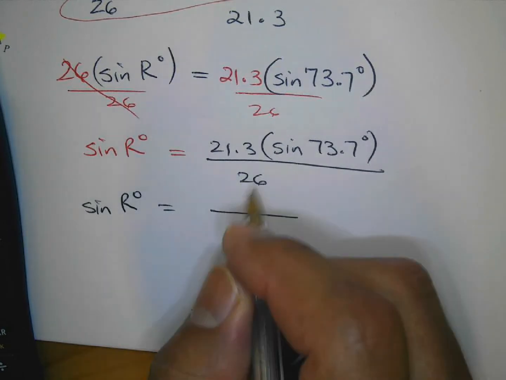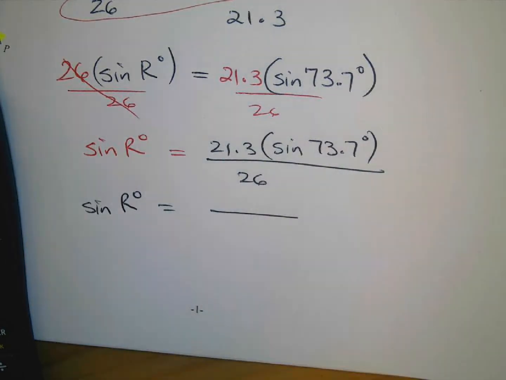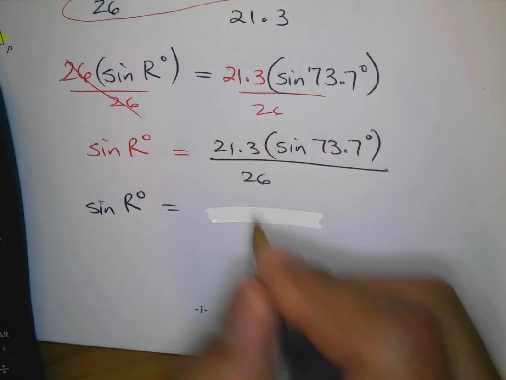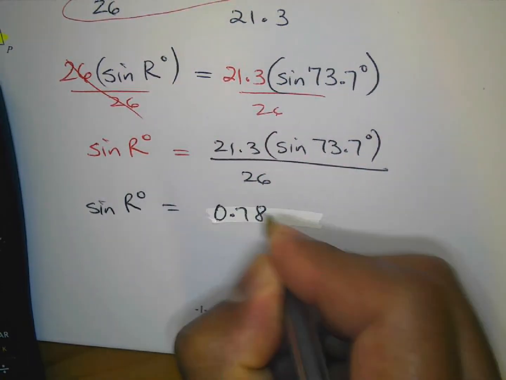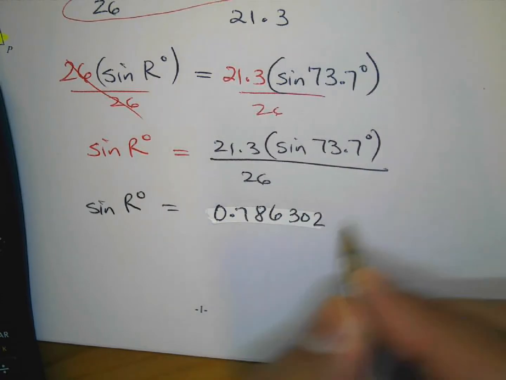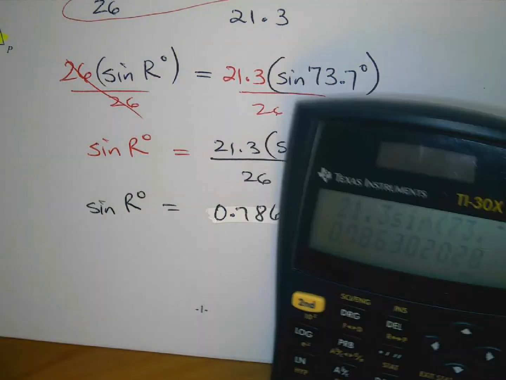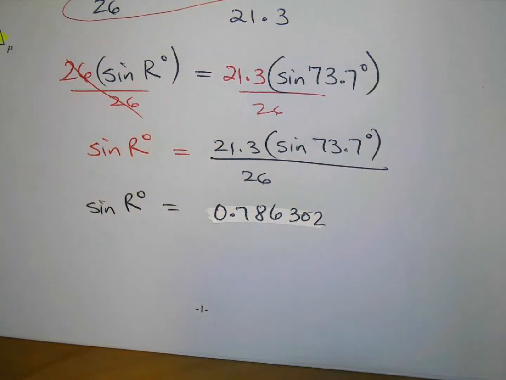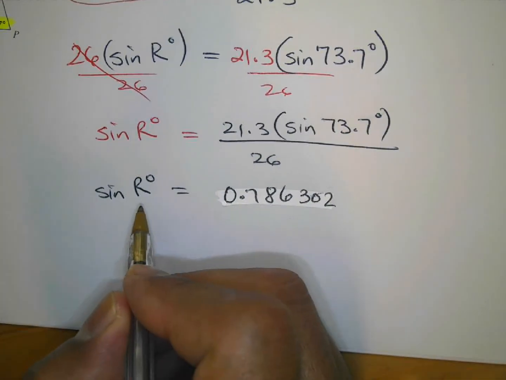I got 0.786302, and so on. You'll have it on your calculator. It'll be more numbers.